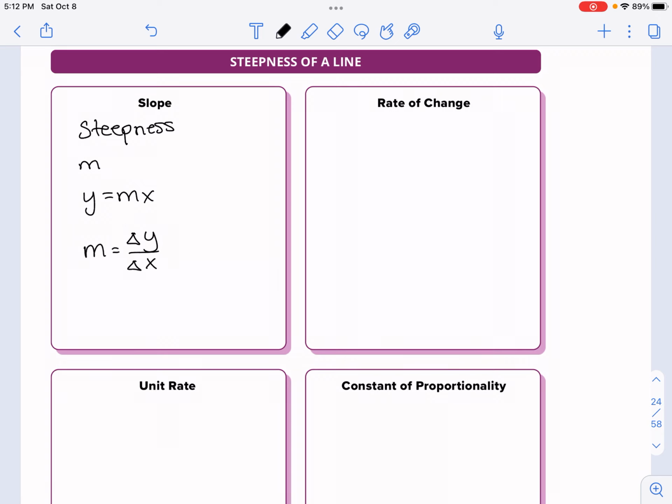The triangle here is actually a variable. It means change of y over change of x. Okay, I forgot to mention that. All right, anyways, let's go to the rate of change off to the right. When you think of a rate, you can think of speed, like miles per hour. You can think about distance per second.